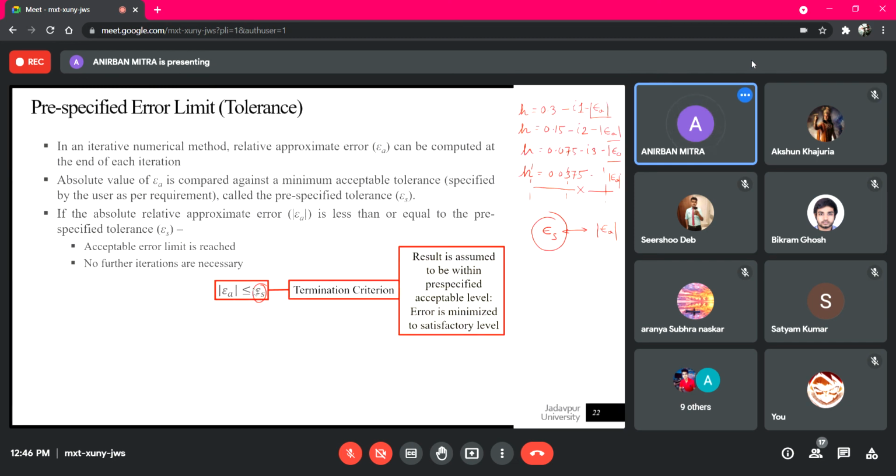So that, I think, points to the idea how you can set your pre-specified error limit. The more accuracy you want, the less would be the value of pre-specified error limit or tolerance.